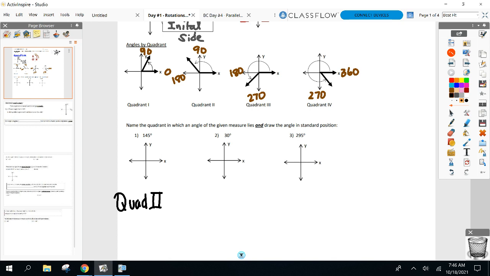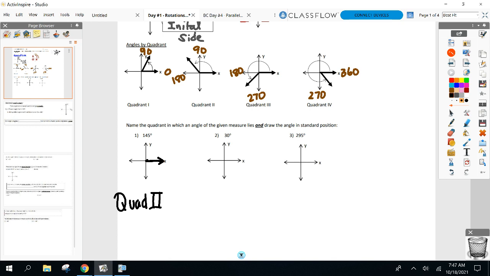First side of the angle is always on the x-axis. There's your first side, positive side. Sarah said it's in quadrant 2, so that's where your terminal side will go. Now, I'm not looking for exactness, but you should be in the ballpark. Everyone think 145, do some calculations on your calculator if you need to. Is 145 closer to 90, or closer to 180, or halfway in between?